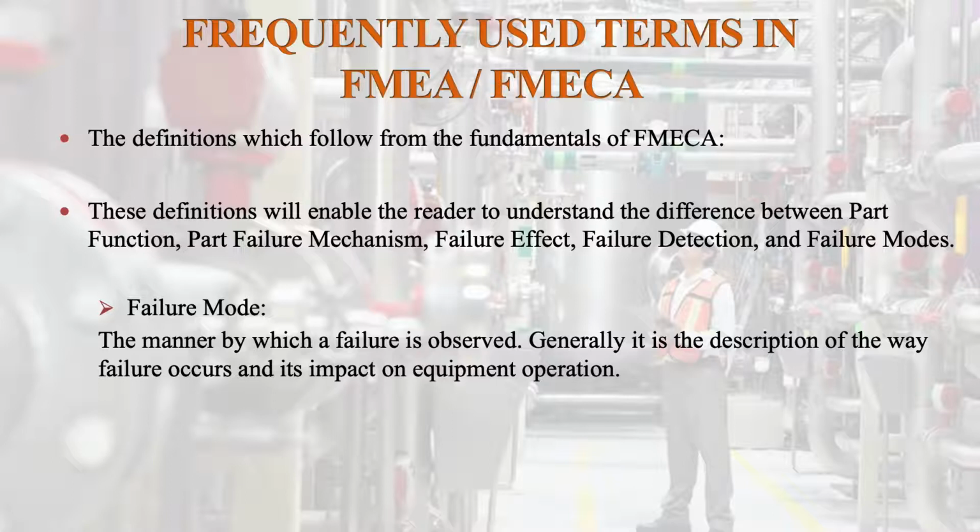Failure mode is the manner by which a failure is observed. Generally, it is the description of the way failure occurs and its impact on equipment operation. So, failure mode is a status of a particular machine or particular part or particular process that we observe through this analysis, that is known as failure mode.